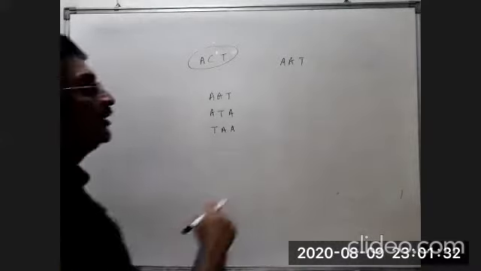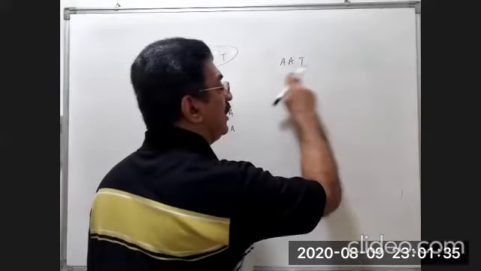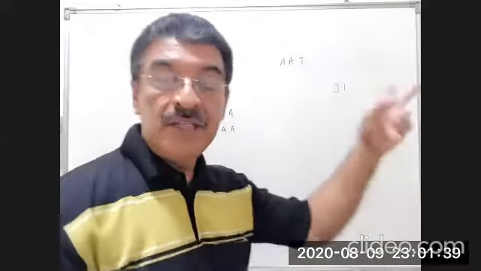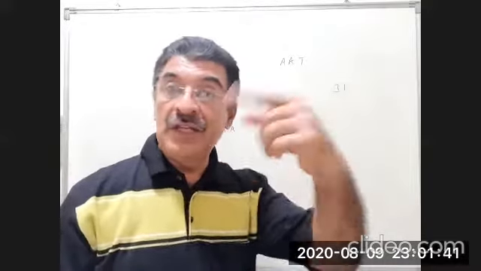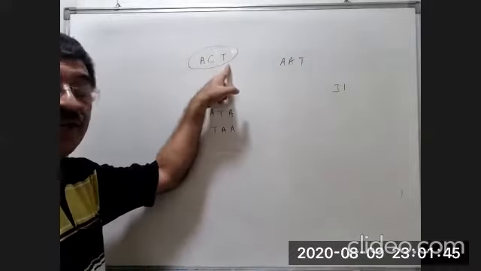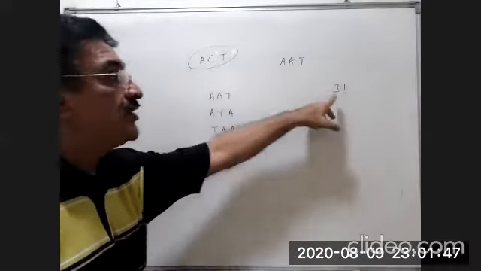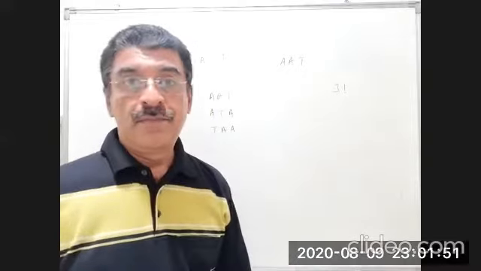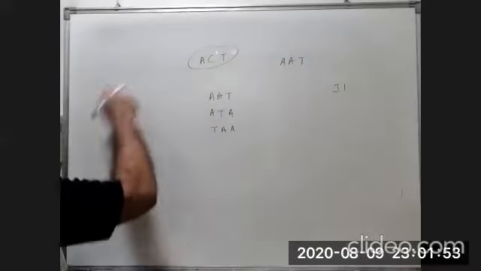See here, out of n, we have 3 letters. If all 3 were different, 3 factorial, we have seen earlier. This ACT, all 3 letters were different. So we could arrange them in 3 factorial ways. Total of 6 words we have seen, the previously 6 words I got, right?